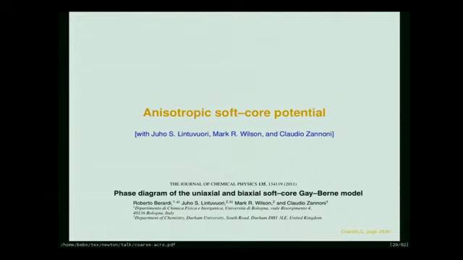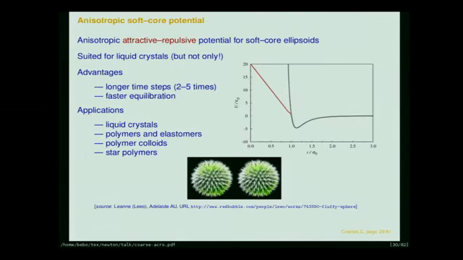So this more or less closes my first part of the talk, and now I would like to give you a feeling of the things we can do with this kind of potentials. In this case, I would like to present the results of an additional generalization of the Gay-Berne potential we have made with Mark Wilson.